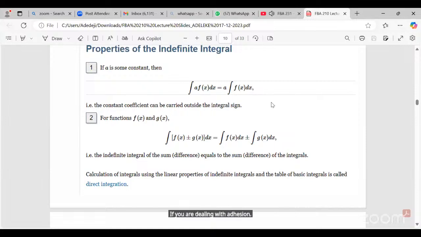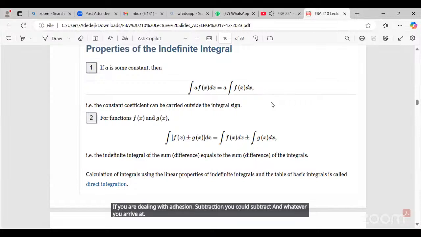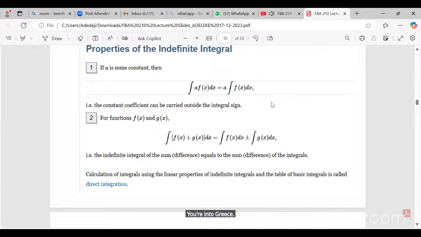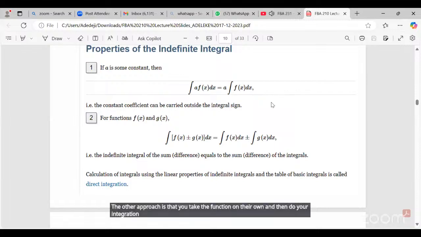If it is subtraction, you could subtract, and whatever you arrive at, you integrate. That's one approach of handling it. The other approach is that you take the functions on their own and then do your integration one after the other.